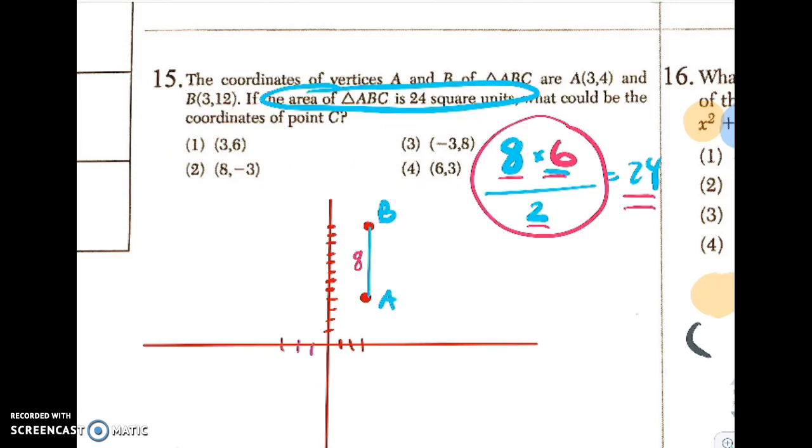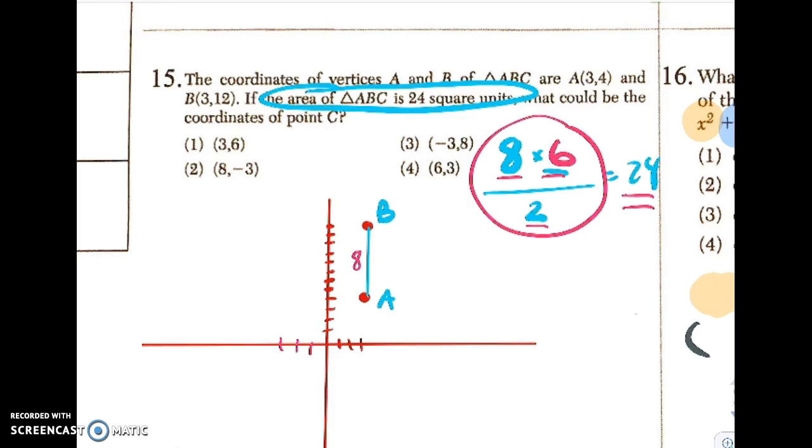Let's check them all. 3, 6. If I went over 3 and up 6, I'd be right there. That's not it. Over 8, down 3. That doesn't make a triangle with a distance of 6. So let's try negative 3, 8. Negative 3, 8 would be right here.